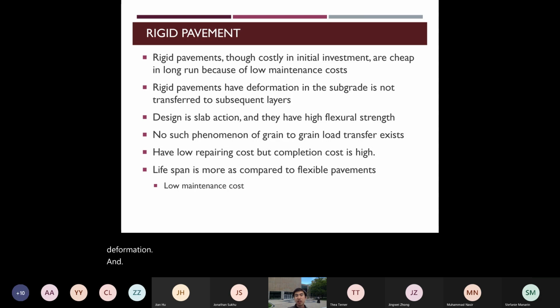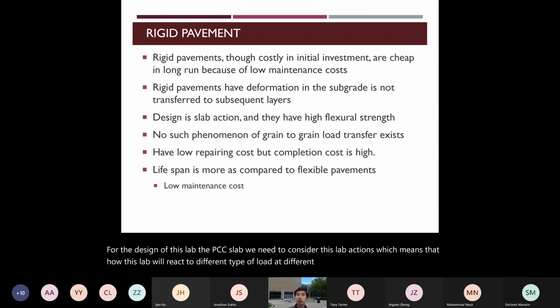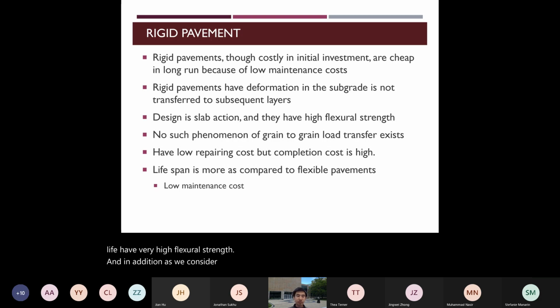And for the design of the slab, the PCC slab, we need to consider the slab actions, which means how the slab will react to different types of load at different locations. And in general, we want this slab to have very high flexure strength. And in addition, as we consider the PCC slabs, if they are not continuous, then it's hard for us to identify the grain-to-grain load transfer from one slab to another one.